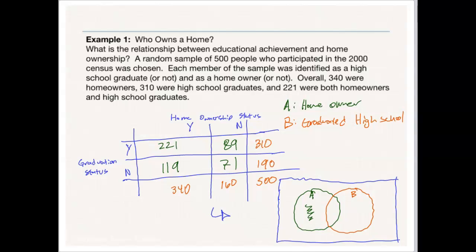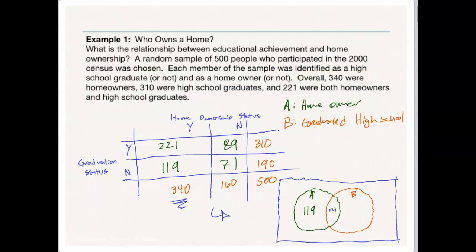So that's going to be just your 119. And then the overlap is homeowners that did graduate high school. So within that, we're going to have our 221. You can see that that should add up to the total number of homeowners, which is 340.